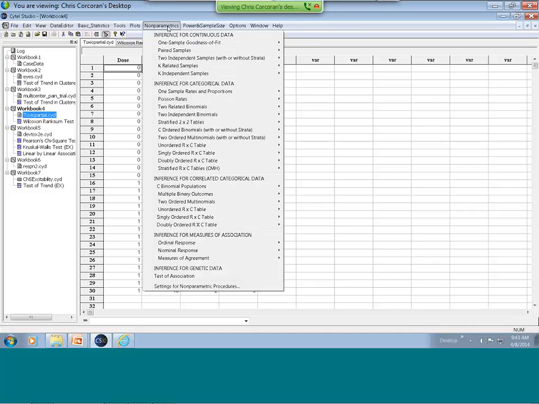But I'll show you that under the non-parametric menu, inference for correlated categorical data also includes methods for 2 ordered multinomials, which is what we have here. And we can select the Wilcoxon rank sum test, or we can use a few other tests that are available for independent data as well. But that allows us to carry out a Wilcoxon test for the example that I just showed you.